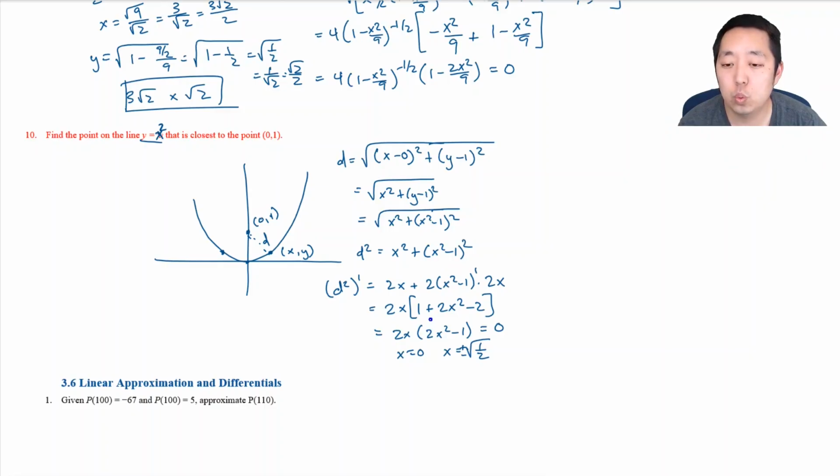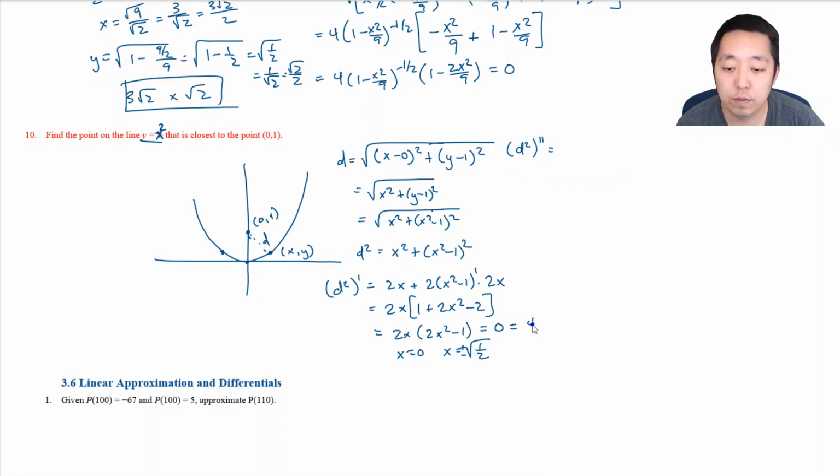So I would do a second derivative test on the square of the distance. I'll just expand this out, then take the derivative.